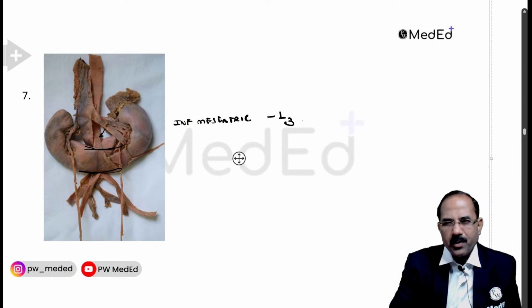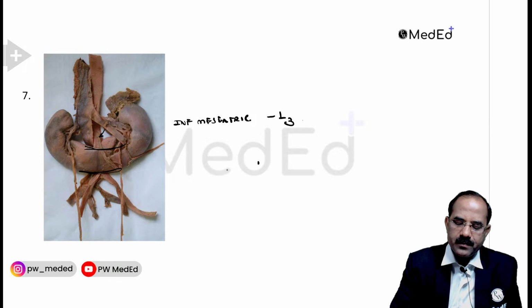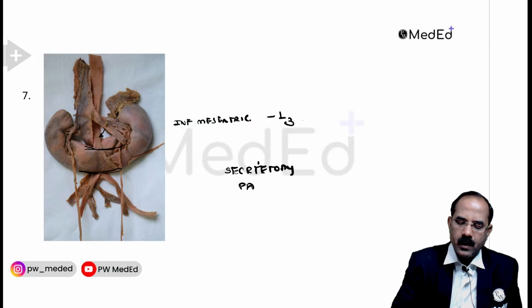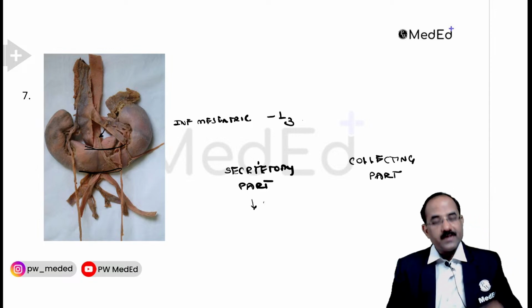Now some very important MCQs on kidney development. There are two parts of the kidney: the secretory part and the collecting part. Can anyone tell me what the secretory part of the kidney is derived from?